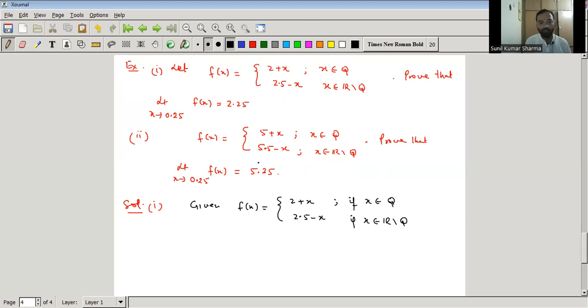What is the limit? What is the point? 0.25. We have to keep the limit and point in our mind.